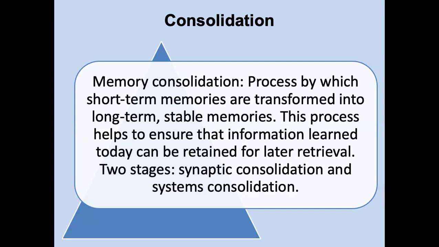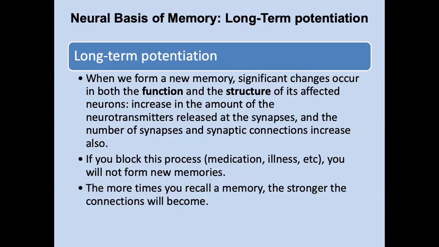The benefits to this are obvious. If we learn how to hunt and fish when we're children, we still want to be able to retrieve that information when we're old, right? If we're relying on that to feed us. So there's two stages: synaptic and systems.